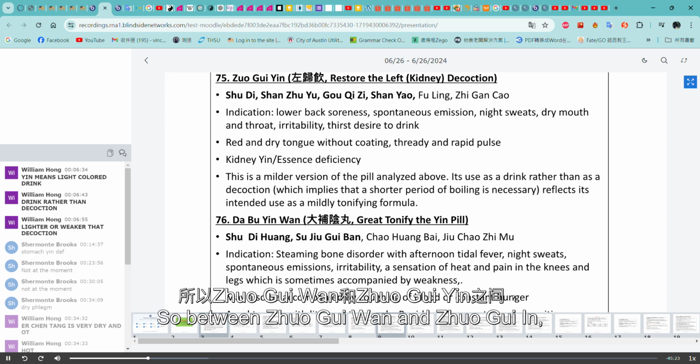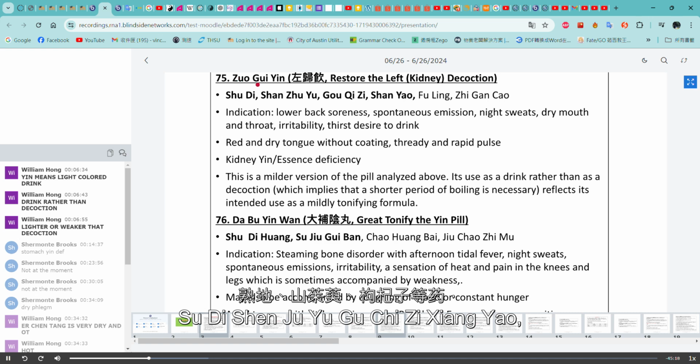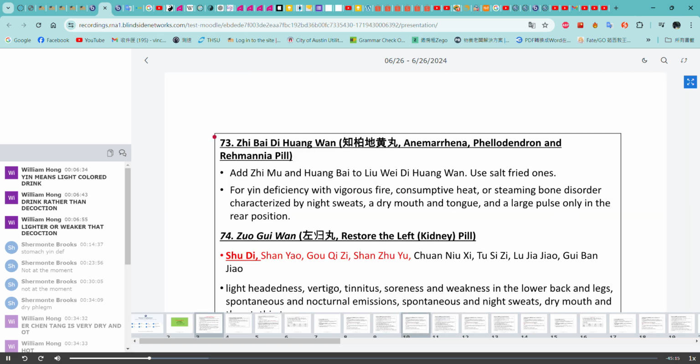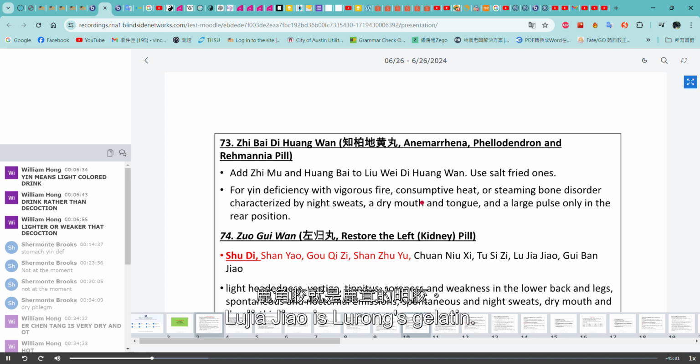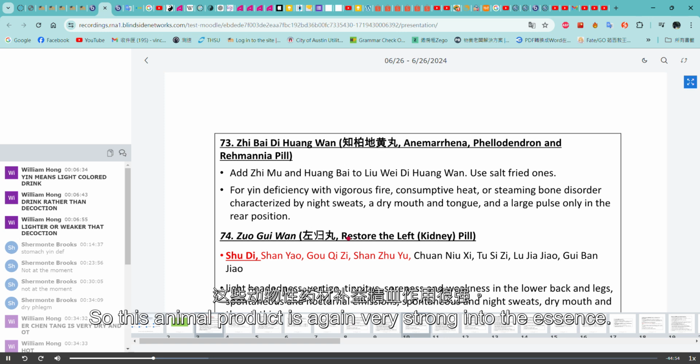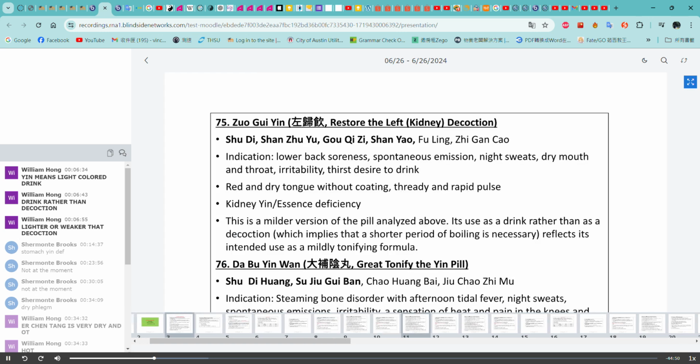So between Zhugui-1 and Zhugui-in, shu di, shan yao, gou qi zi, shan zhu yu are the same, but Zhugui-1 has stronger herbs like lu jia jiao, which is lurong gelatin, and gui ban jiao, which is guiban gelatin. These animal products go very strongly into the essence level.